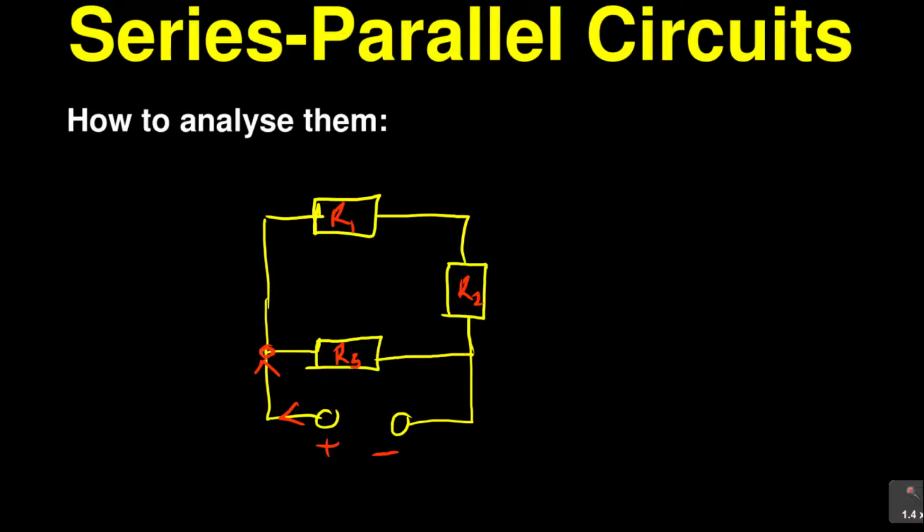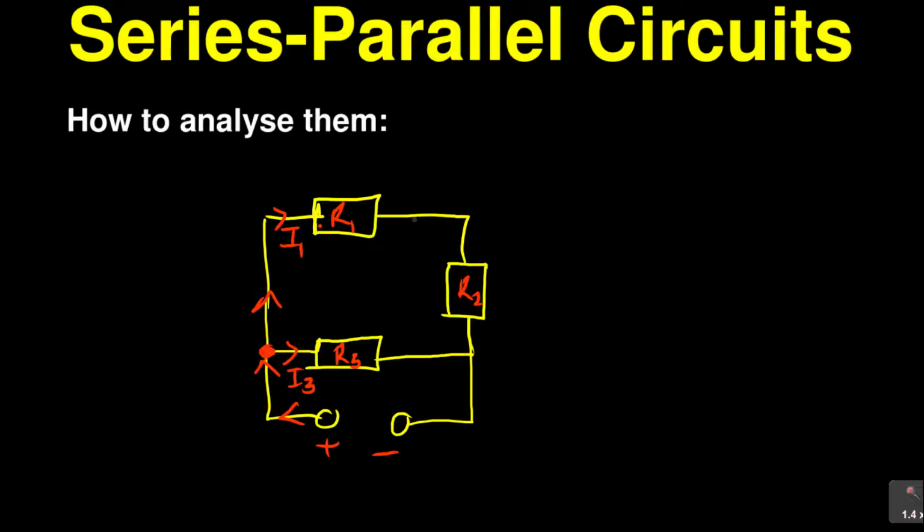Looking at that particular junction here, you can see that the current is going to split, with some of it going through resistor R3. Some of it will go through R1, I'm going to call it current I1.